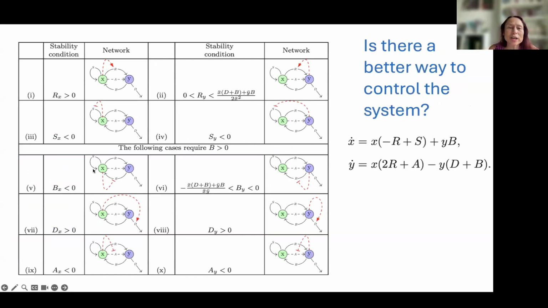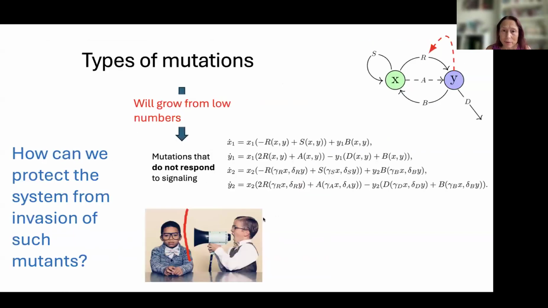The first question we ask is, is there a better or worse system of controls? Are some of them more difficult to break? And when I say break, this is what I mean. When I introduce some mutants, so if x2 is equal to 0 and y2 is equal to 0, everything is great.